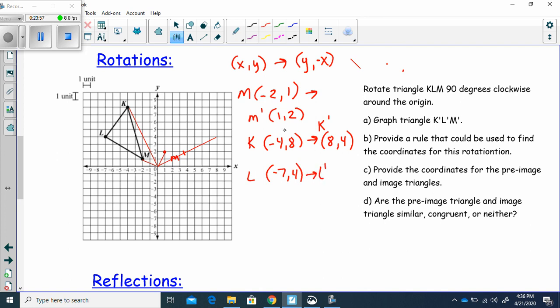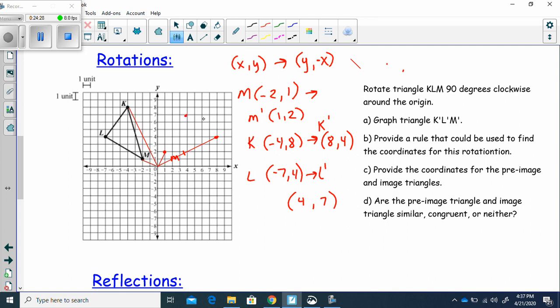Our L prime then is, see, we swapped our X and our Y. 4, 7, and which one do we change the sign on? This back one. So this was a -7, it's going to be now +7, okay? Are the pre-image triangle and the image triangle similar, congruent, or neither? Well, if we actually plotted this out, 4, 7, 4, 7.